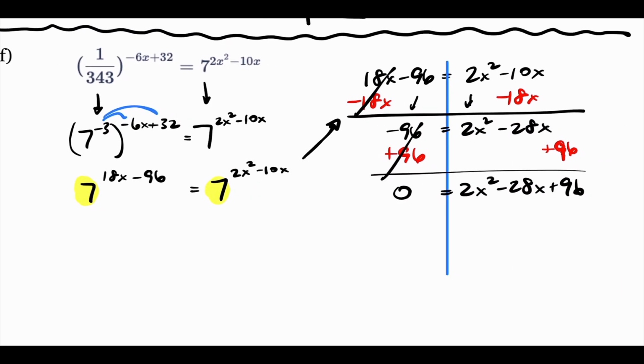Okay. Trinomial, set it equal to 0, done. GCF, it does have a GCF. You can divide everything by 2.